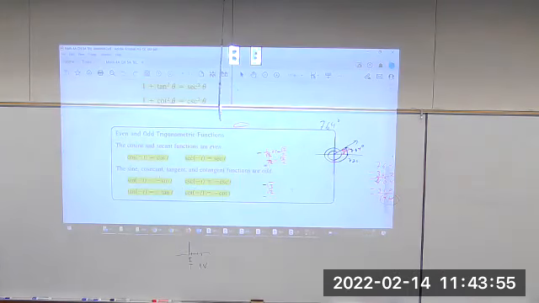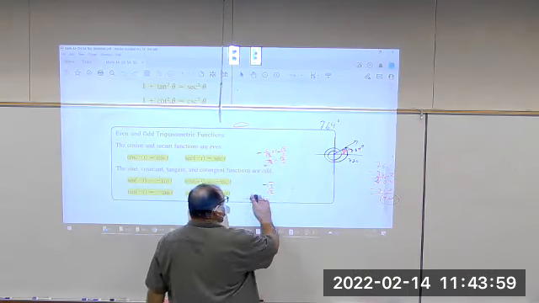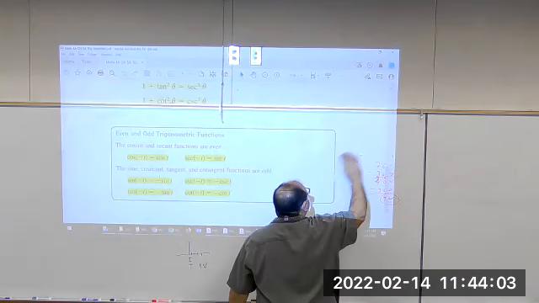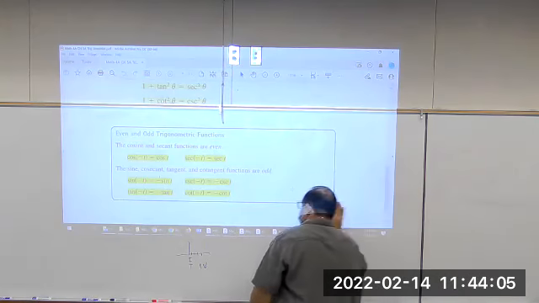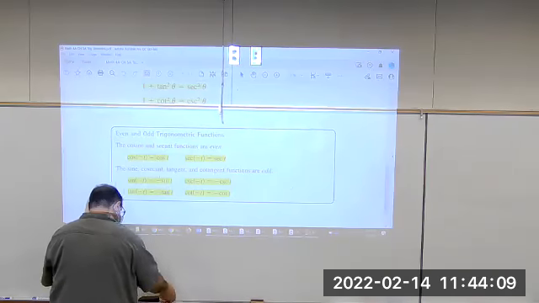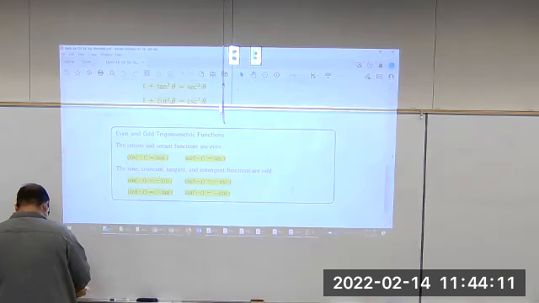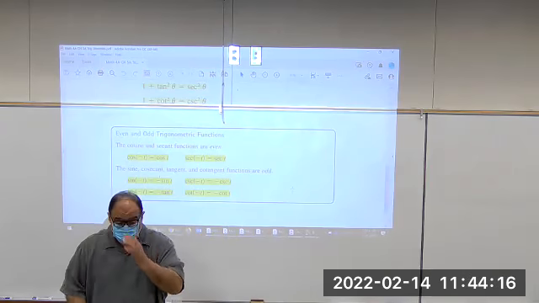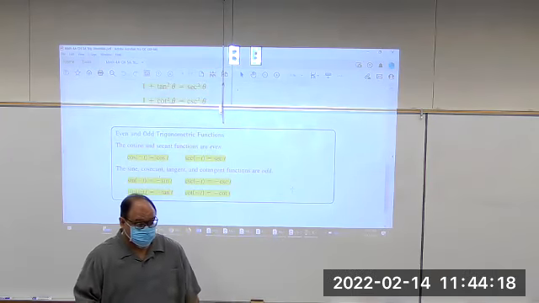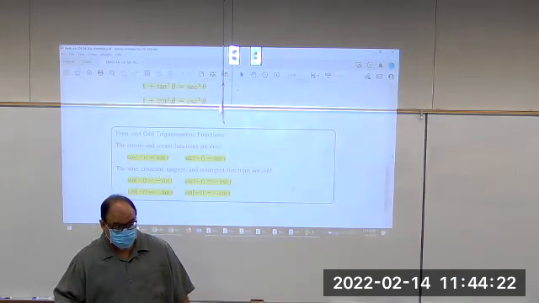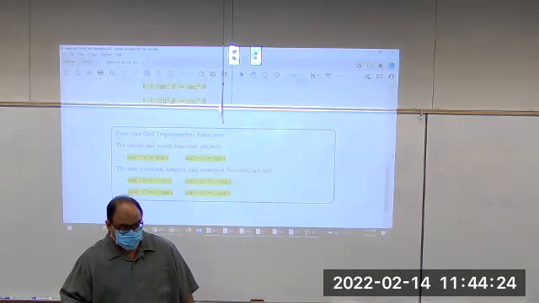Cosine depends upon which of the two ordered coordinates, the x or the y. Cosine is it the x over the r or the y? It's the x over there. Cosine is the x. Sine is y, so cosine is x's.